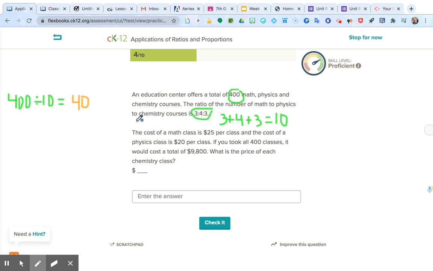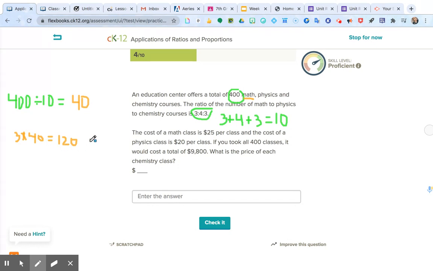So let's do it up here. So 3 times 40 is 120, which means I took 120 math classes because math was first.